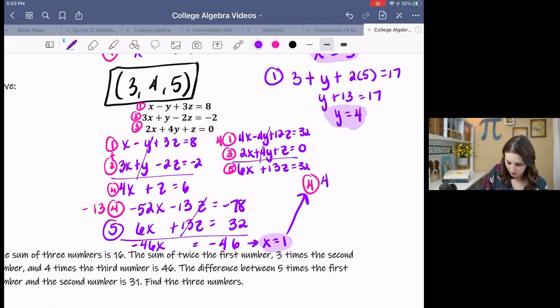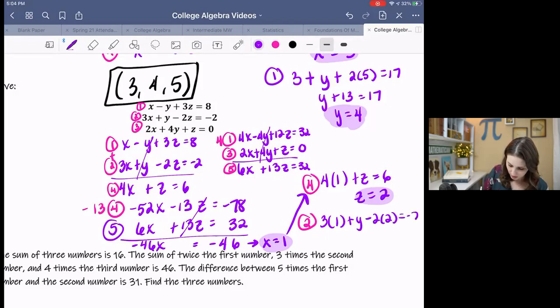4 times x plus z is 6, so z is 2. If I subtract 4. Now I'm going to use equation 2 to find y. 3 times x plus y minus 2 times z equals negative 2.